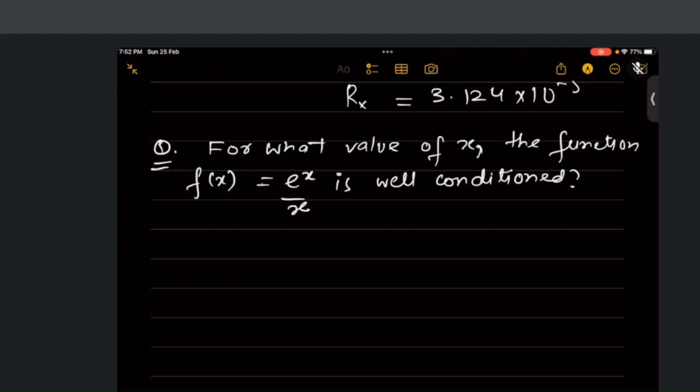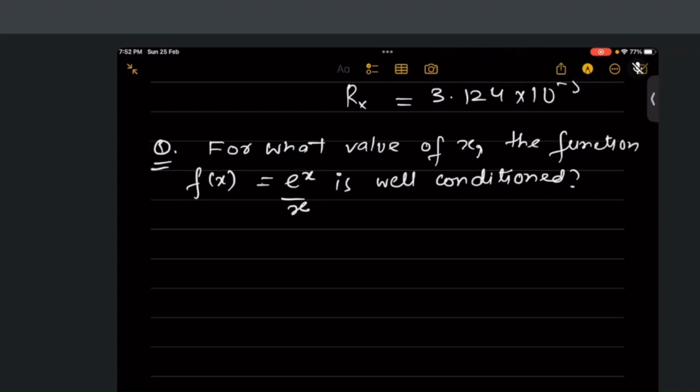Actually, it is a measure of how well behaved a computation is. Suppose we are changing a particular number by a small value, how will it affect the total result? In this problem, if you change x by a small amount, how will f of x be affected? In that context, what is a well-conditioned and ill-conditioned system?